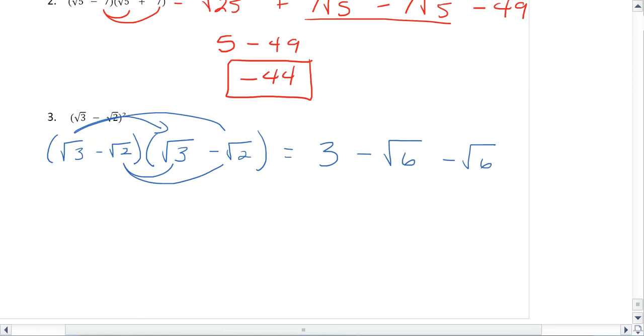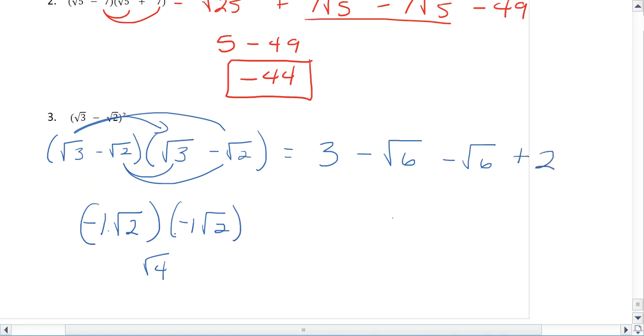And let's be careful here with this negative square root 2 times negative square root 2. Let's look at that a little closely. What you really have is a negative 1 square root 2 times another negative 1 square root 2. The negative times the negative is a positive. The square root of 2 times square root of 2 is the square root of 4. So that leaves us with a plus 4.